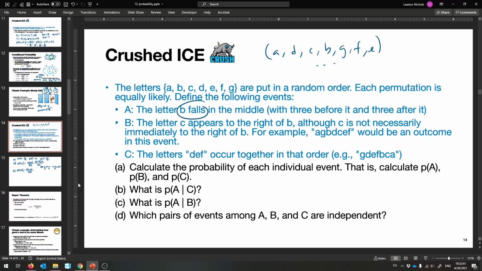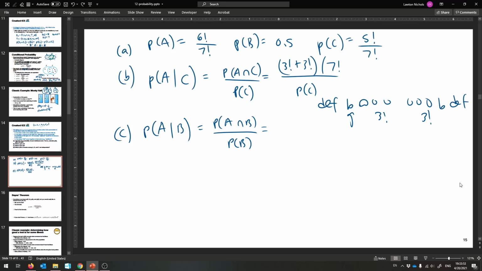So B is in the middle, and then C appears to the right of B. With B in the middle, how many ways are there to do this? We have to put C in one of these slots, because it's got to be to the right. There are 3 ways to put a C in one of these spots. So let's pretend without loss of generality that we picked this one.